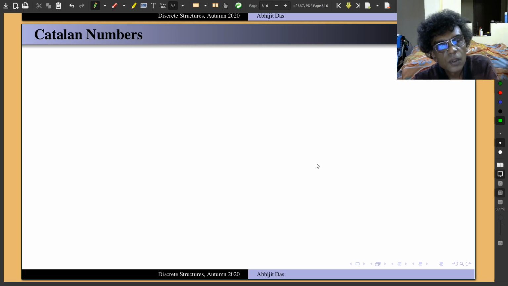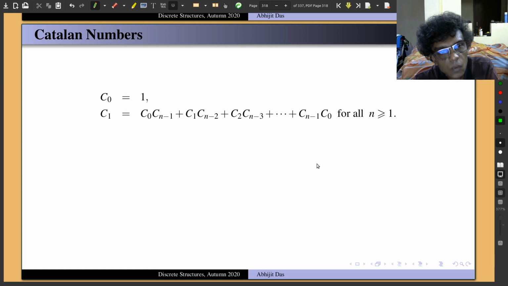So in this notation, I have C0 equal to 1, and for n greater than equal to 1, I have this recurrence relation. C0 Cn minus 1, C1 Cn minus 2, all the way up to Cn minus 1 C0.